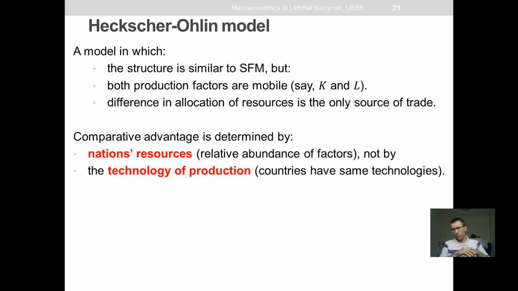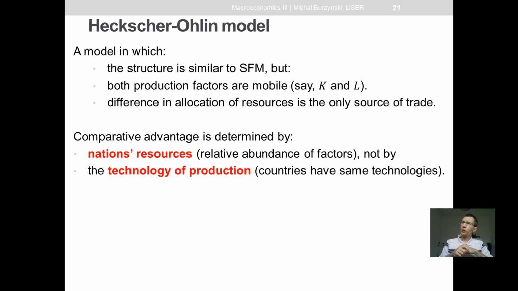The fact that they can produce a lot of goods using this input, which is relatively cheap in China, gives them a comparative advantage in terms of cost of production of different goods. And this is exactly how the Heckscher-Ohlin model works and how it predicts the global economy to work.